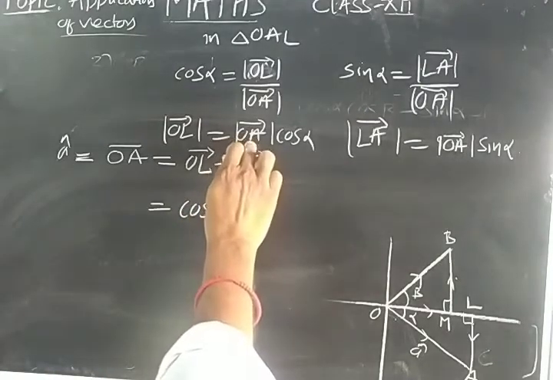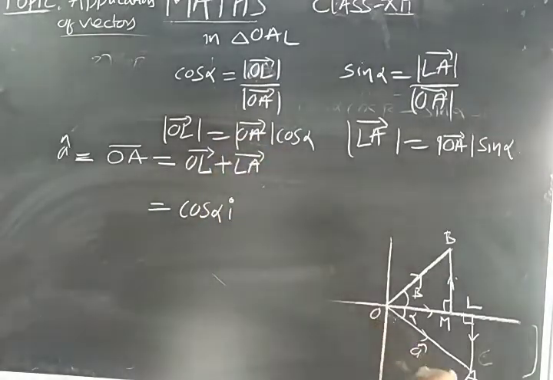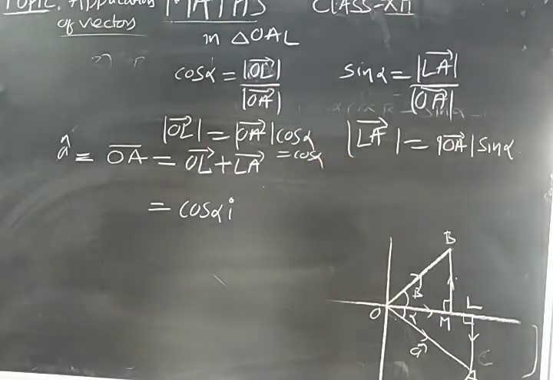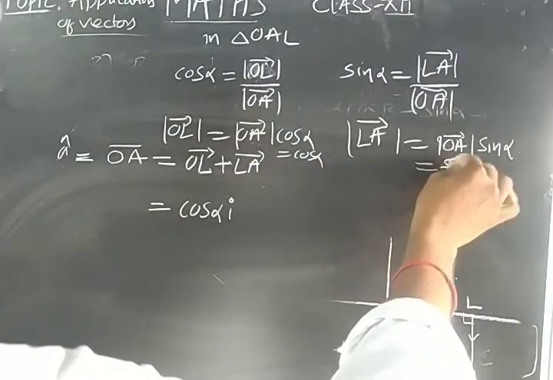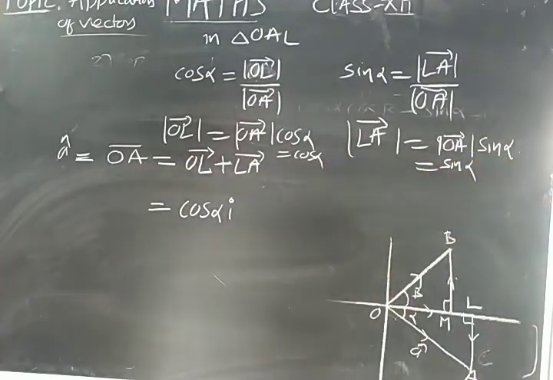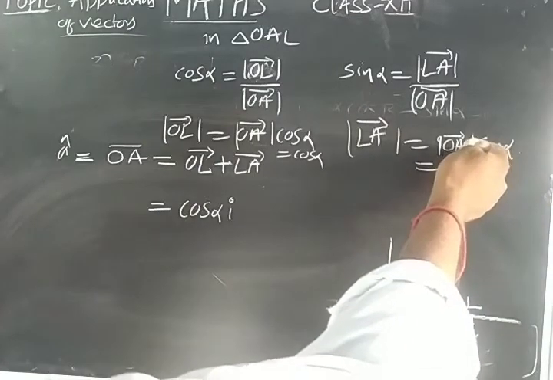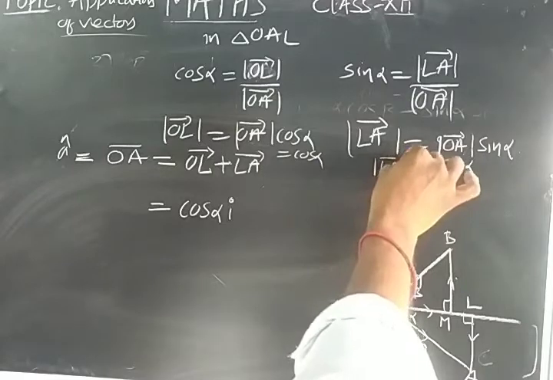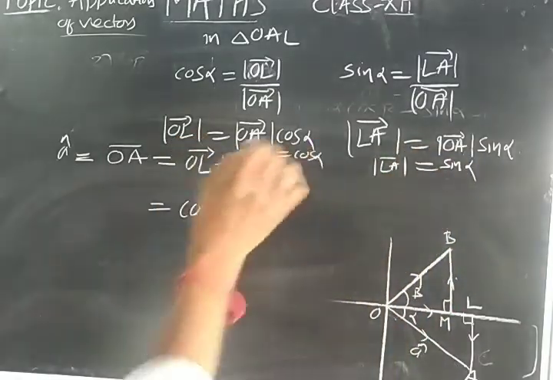Why? Because OA is a unit vector, its length is 1, so here you will get only cos alpha, and here only sin alpha. So LA magnitude is sin alpha, OL magnitude is cos alpha.